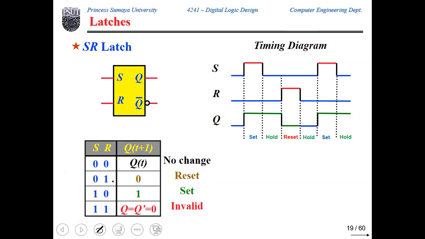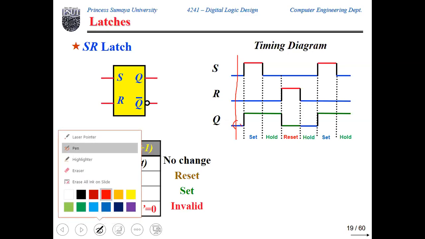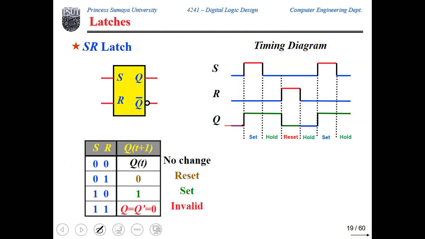Okay, so if you take a line here at any instant of time, we have S0, R0. So Q now is basically the previous Q, the old Q. The new Q here is the old Q, which is the value before this line. So since S and R are zeros, Q stays the same, which is 0. Assuming that Q at time equals minus infinity is 0, the initial value of Q is 0.